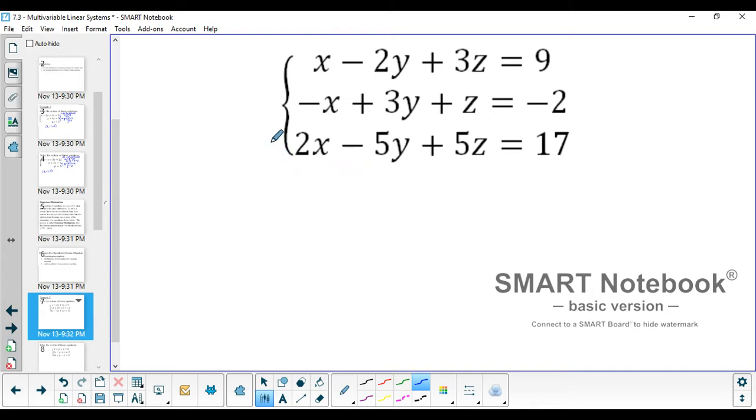So this is already a 1, so we're good. We don't have to change this equation at all.